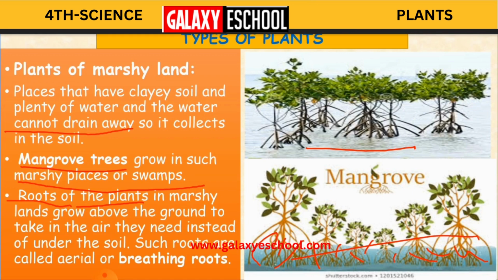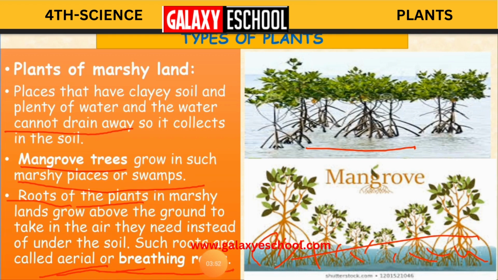Such roots are called aerial or breathing roots. So such roots are called what, children? Aerial or breathing roots. Because they are taking air from above the ground, that is why we call them breathing roots. Clear, children? So marshy land is nothing but a wetland which is filled with water, and here mangrove trees grow.